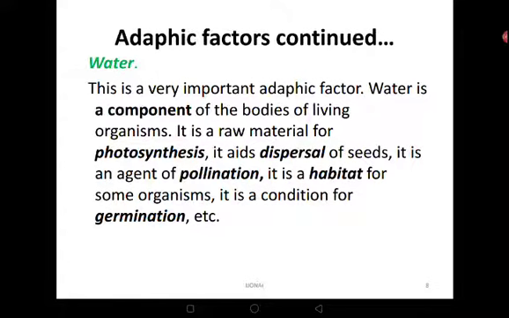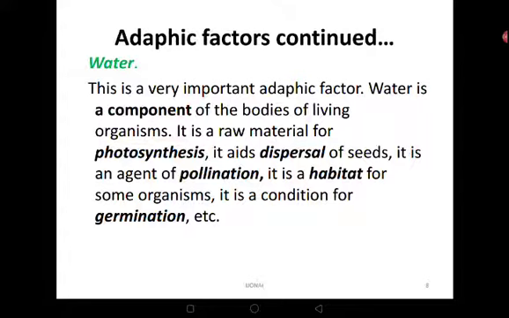Remember that water is a major component of the protoplasm of cells. The fluid part of the cell is largely made up of water. It's also a raw material for photosynthesis. We had already mentioned photosynthesis earlier. It aids dispersal of seeds. You know, there are some seeds that are dispersed by water. And then it's also an agent of pollination, especially the pollen grains absorb water before they develop the pollen tube.